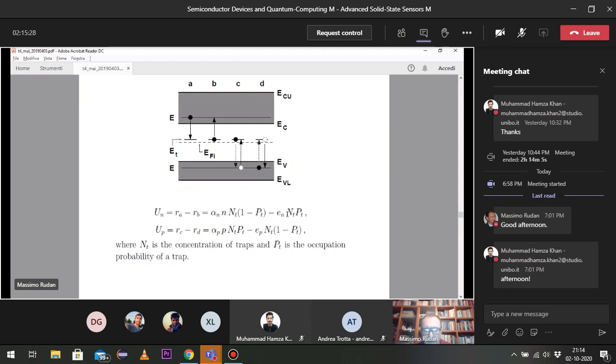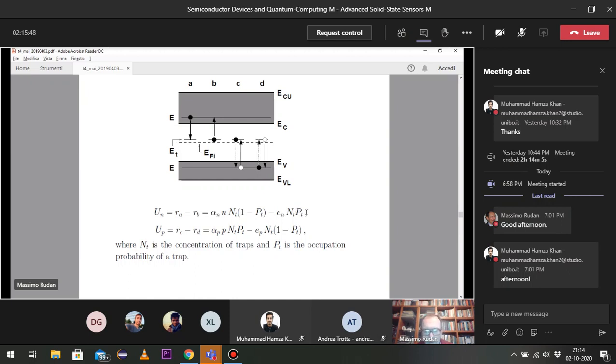And this concentration, the concentration of traps that are filled, is equal to the concentration of the traps NT times the probability of being filled, okay?